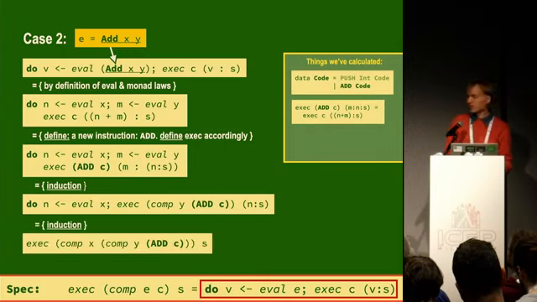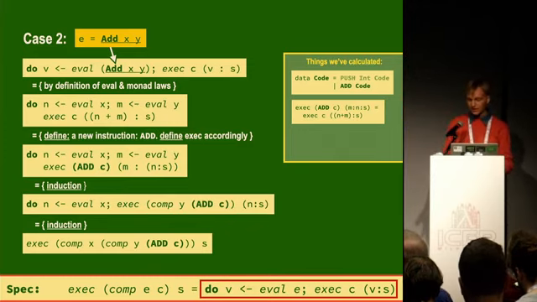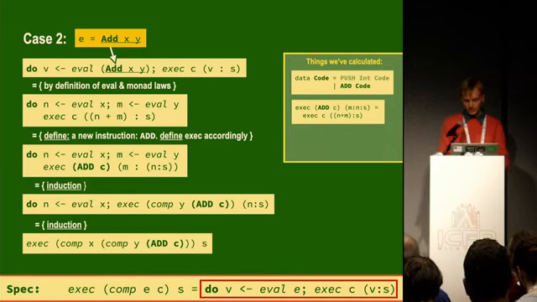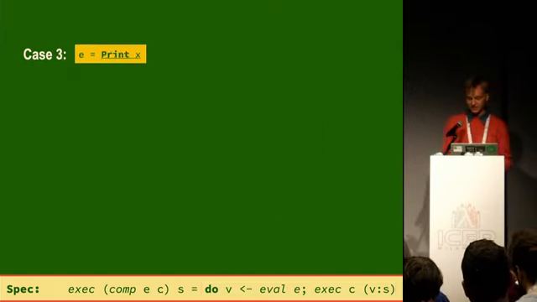And that leaves me with this. And remember that we wanted something of the form exec of c prime for some c prime, any c prime, on this stack s, and that's exactly what I have. So just like before, I can now take this opportunity to define a new defining equation for the comp function, right?